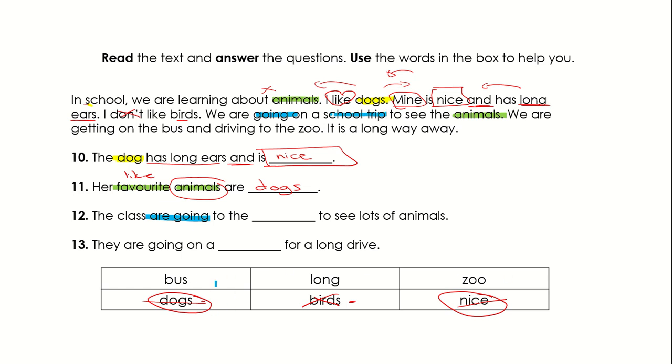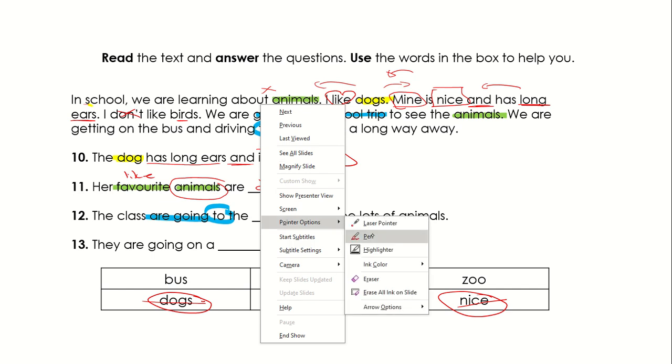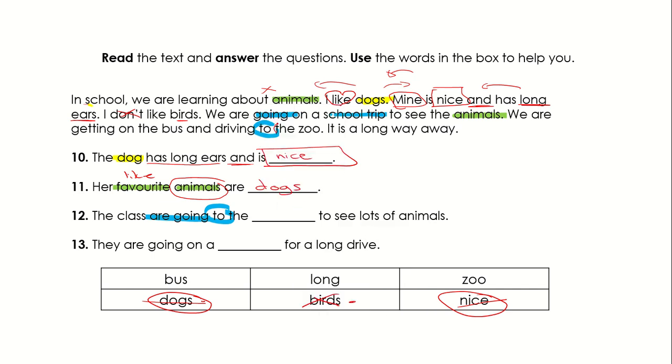There's no word that says school trip here. So that means I need to look a little bit more to find the name of the place they are going to. You see that word to? We are going on a school trip to see the animals. We are getting on the bus and driving to. To where? The zoo. Is the zoo a place? Yes. So now we have found our answer. The zoo.